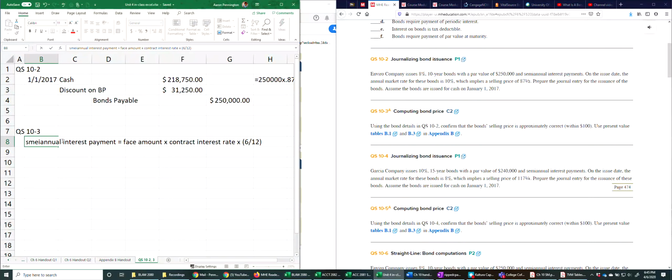And we do that because semi-annual means twice a year. So each interest payment is going to be the interest incurred for half the year. So for this particular problem, face amount, $250,000 times the contract interest rate. Tempting to use the 10, don't do it. You need to use the 8. That's the contract rate, which is used in computing the semi-annual interest payment.